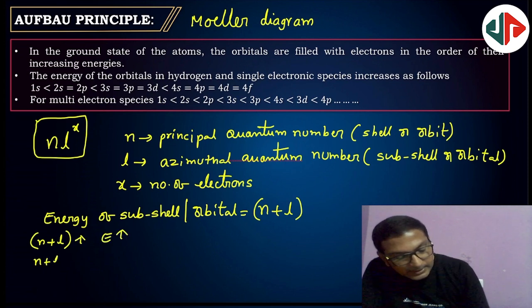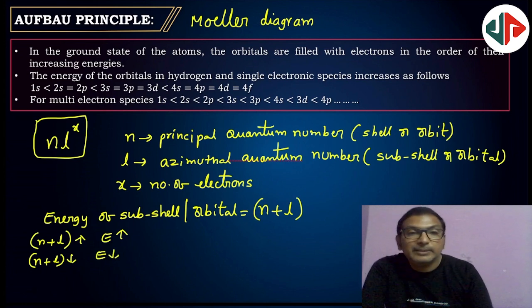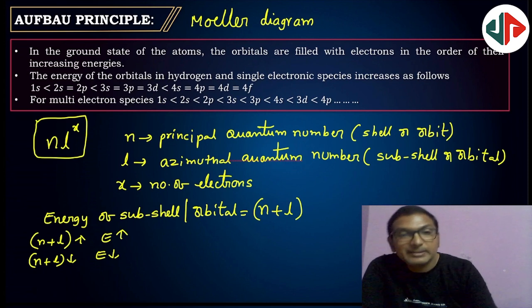As the n plus L value decreases, energy also decreases. If two subshells are having same n plus L value, then electron enters into that subshell which is having lower n value.